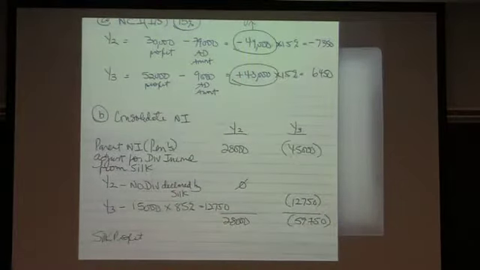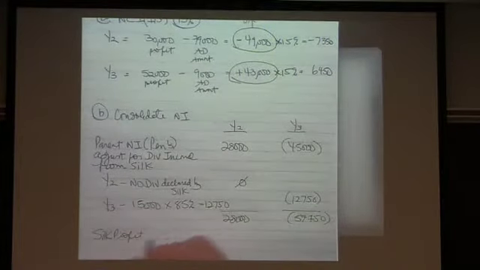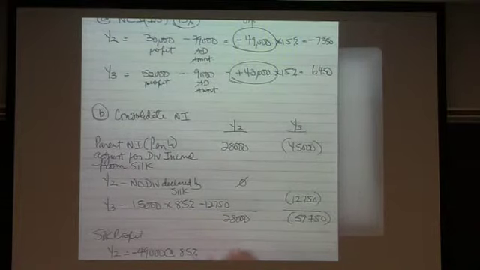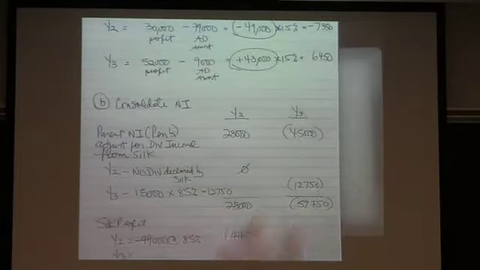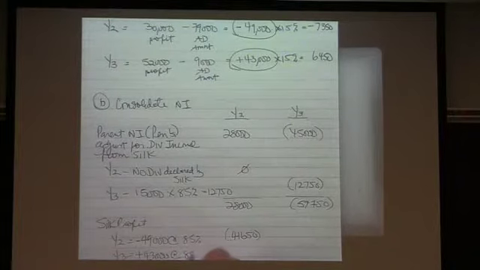So we know that. Let's not recalculate that. We already know what that is. So year 2, we know that's minus 49,000 at 85% to give us minus 41,650. For year 3, we know that was positive 43,000 at 85%. Gives us 36,550.